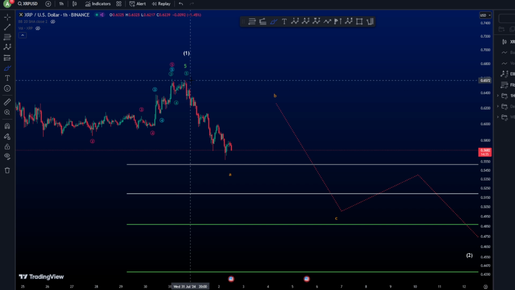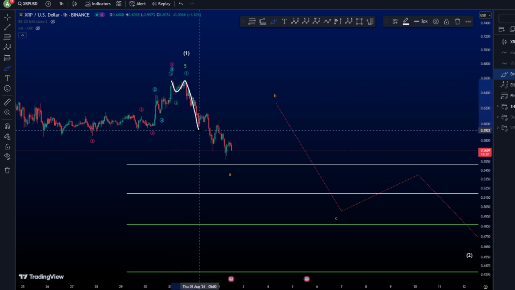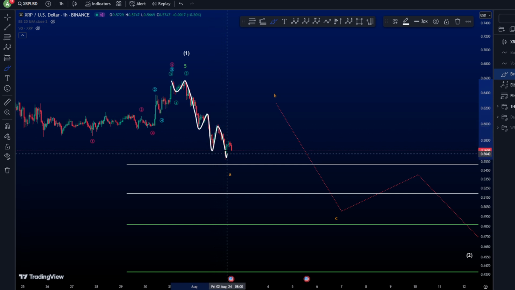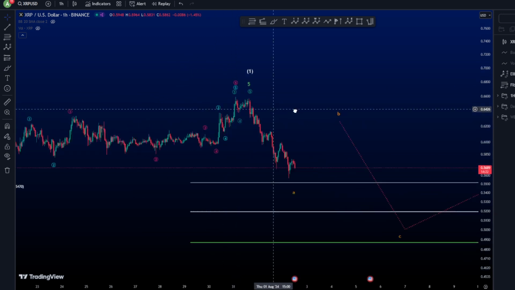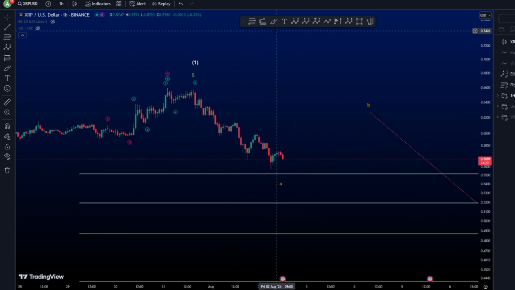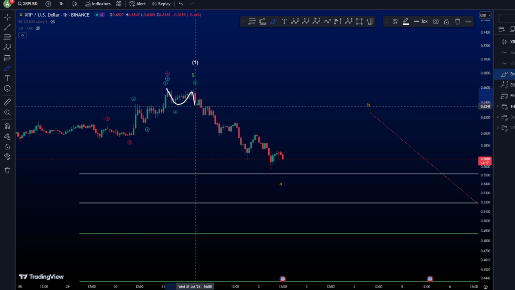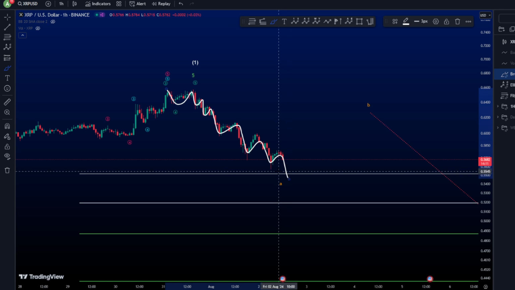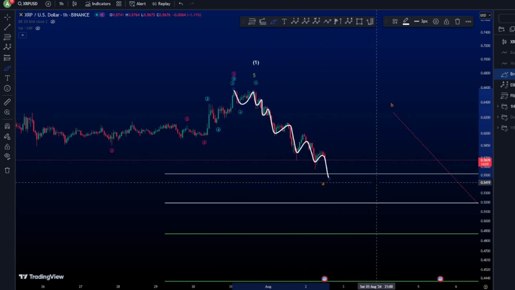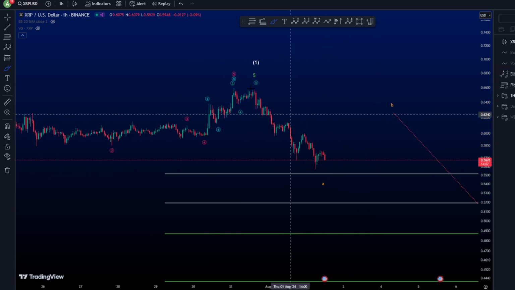However, it can be taken as 1, 2, 3, 4, and 5. We see several 4, 5s here: 1, 2, 1, 2, 3, 4, 5, 4, 5, 4, 5. As I said, this is very much the XRP character.